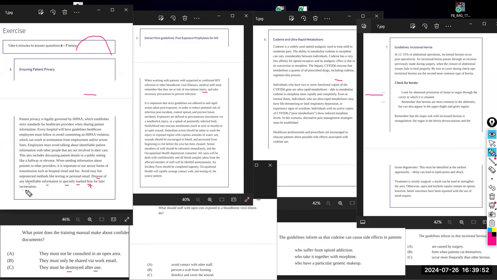for later incineration. Exactly. So sometimes we can find the answer at the end, or maybe in the middle, or maybe in the beginning of the passage. Why? Because this is about details. Now, I'm searching for specific information.